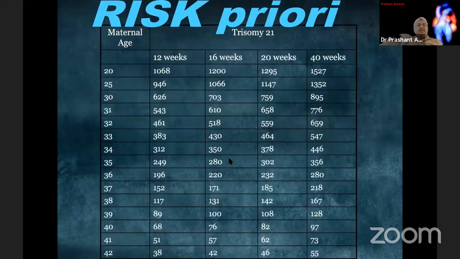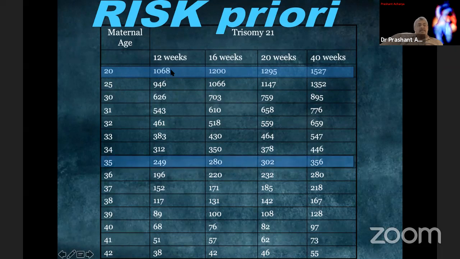Risk a priori means every lady, whether she is young or old, has a chance to deliver a Down syndrome. Let us take an example. A young lady who is 20 years old, at 12 weeks, has 1 in 1068, almost 1 in 1000, chance of delivering a Down syndrome.